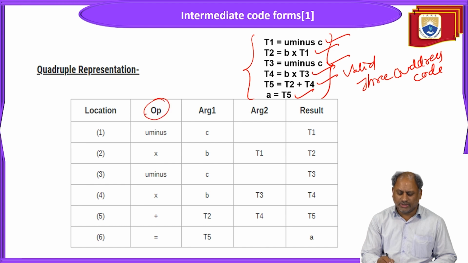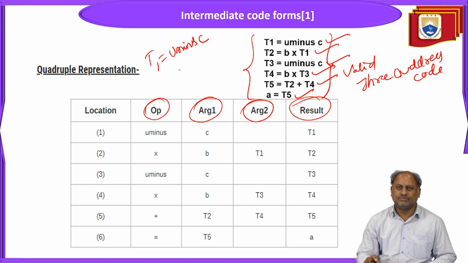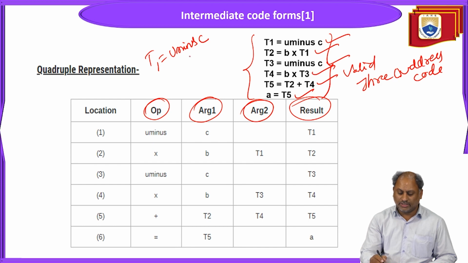Here we know that operator is one column, argument 1 is another column, then argument 2 and the result. So for each expression we have to list out the entries. Say for example T1 equal to unary minus C. First we consider T1 equal to unary minus C. What is the operator we are performing in this expression?